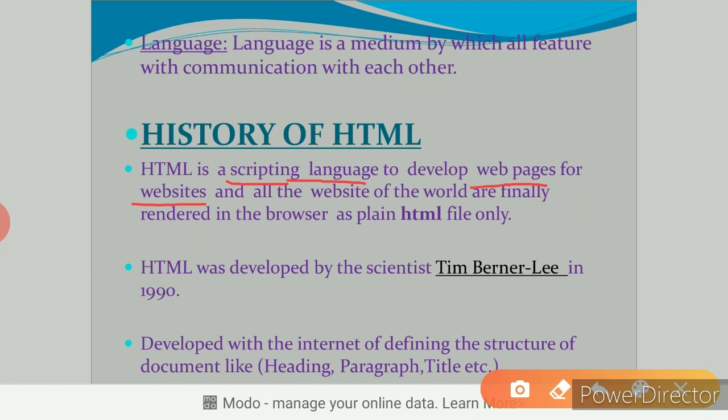HTML was developed by scientist Tim Berners-Lee in 1990. Tim Berners-Lee is also known as the father of HTML, developed with the internet for defining the structure of a document like heading, paragraph, title, etc.